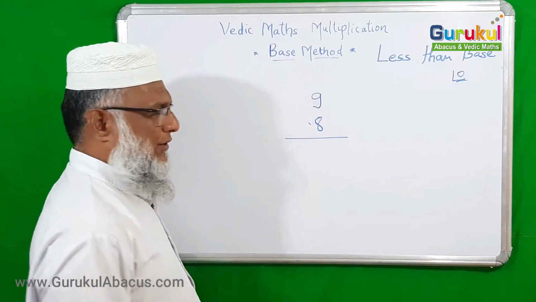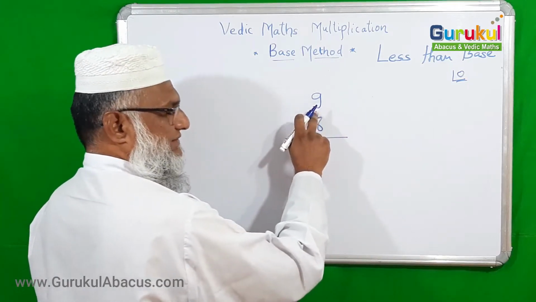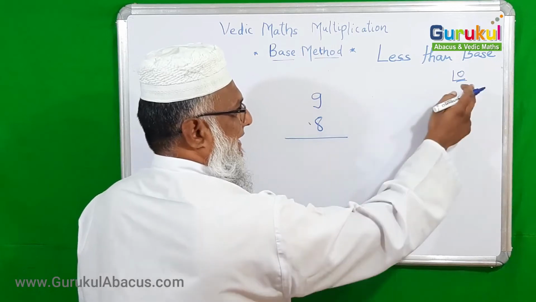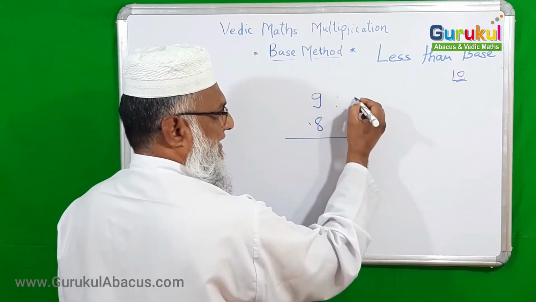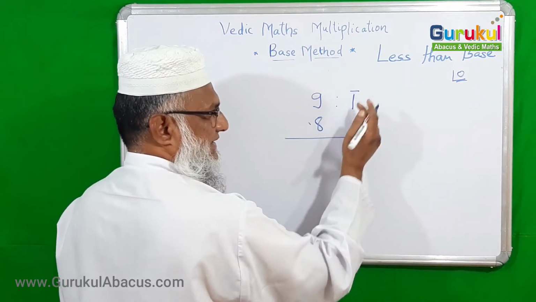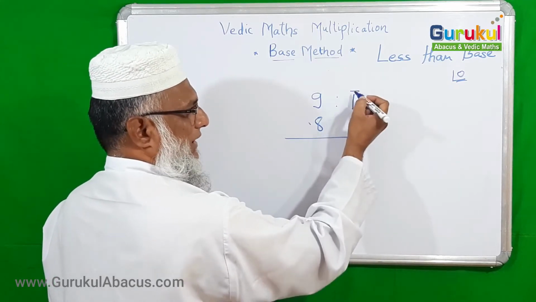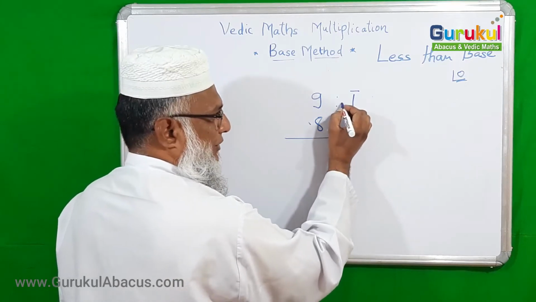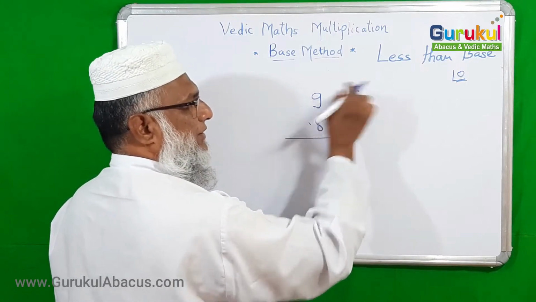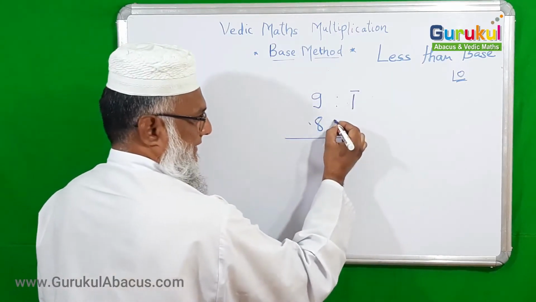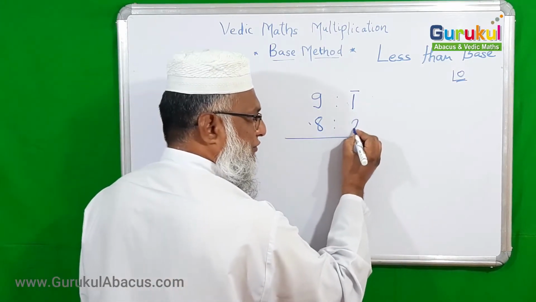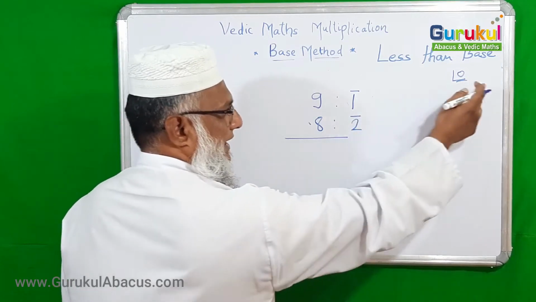The first number 9 is less than the base by 1, and I have put the minus sign upside. Another number, 8, is less than the base by 2.